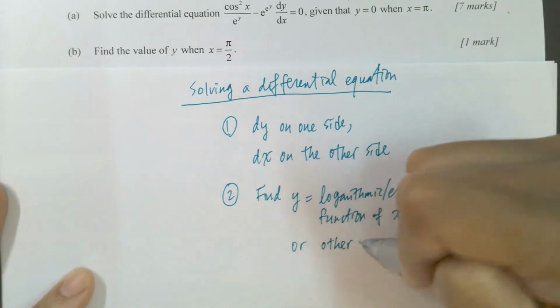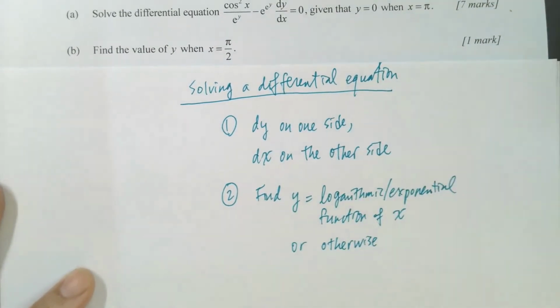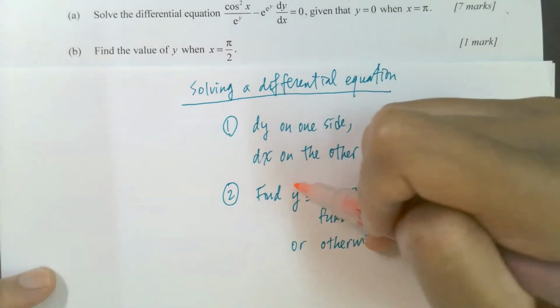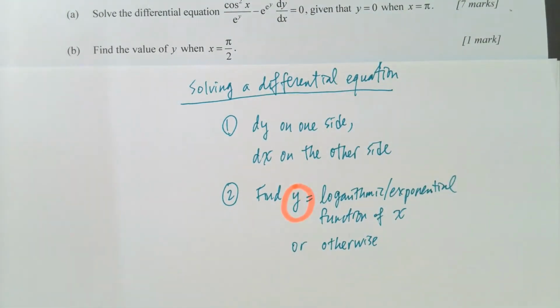So now, what I want to emphasize here is you try to express the equation as y equals something. That's your ultimate goal, because there are so many steps in solving a differential equation.